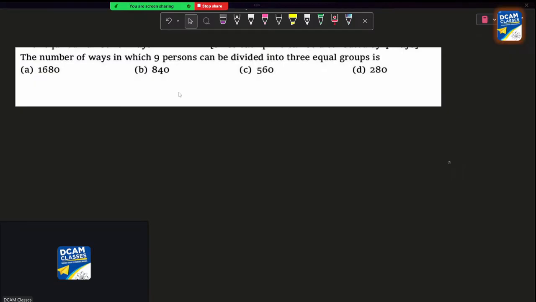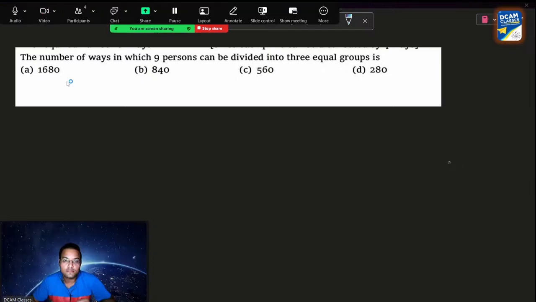So option A. 9. Not A. 9 persons can be distributed into 3 equal groups. 3 equal groups are there.